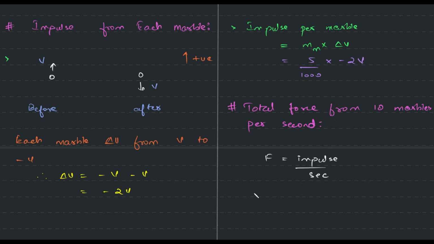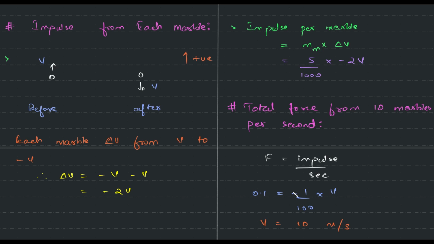So this is how much? 0.1. It's equal to 1 by 100 into V. I did a bit of calculation, and so V will be equal to 10 meter per second.